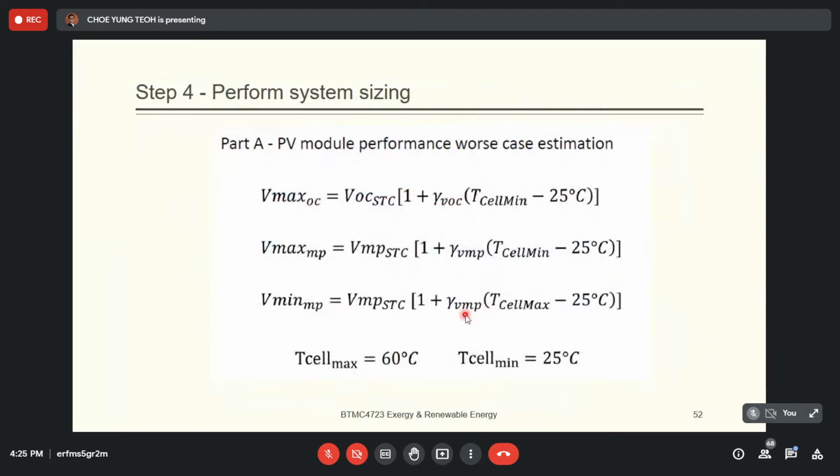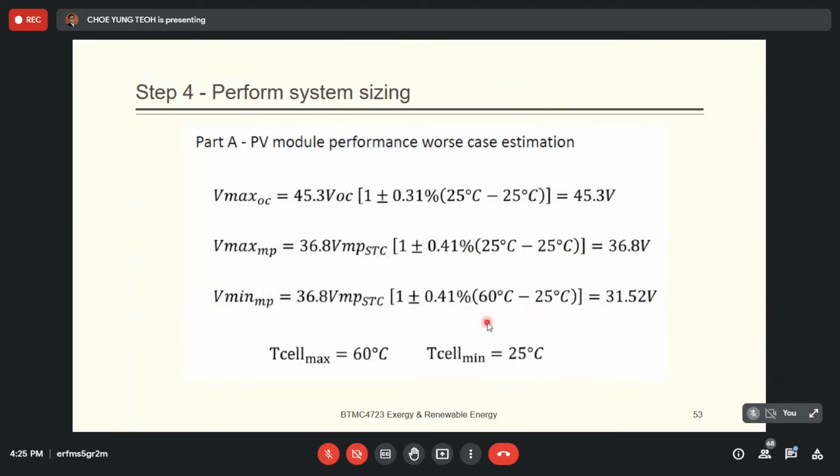Okay, no need to remember the equation, as I said that sometimes it gives you a value in terms of percentage, sometimes in terms of value. Maybe the voltage drops by 0.05 volt per degree Celsius. So no need to remember the equation, but you have to understand the concept behind how it is calculated.